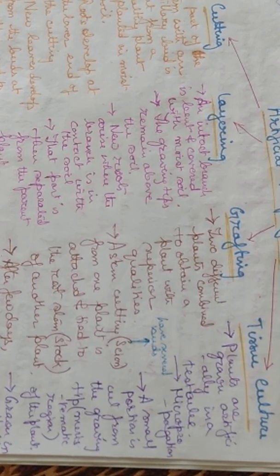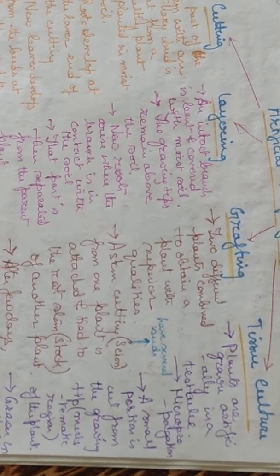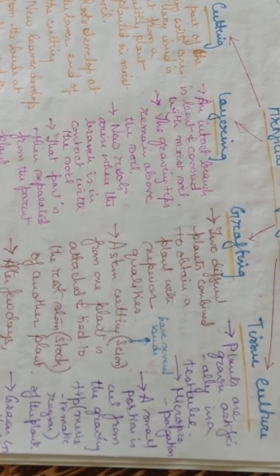One plant's lower portion, containing the root, is taken. Another plant is taken whose stem contains the upper portion with the leaves. The plant with the root portion is known as stock, and the portion with the branches is known as scion. So stock and scion are attached together and tied.